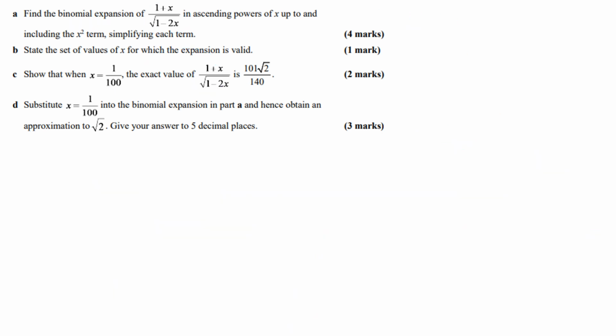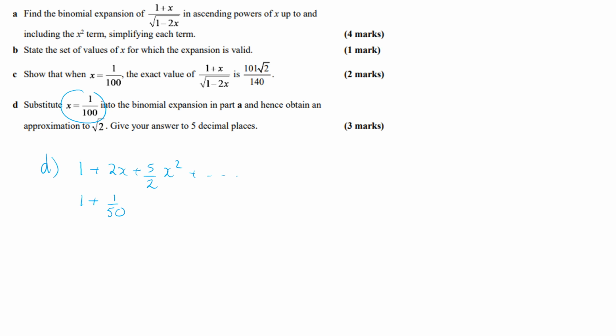Now having a look at part D, and in part D you are asked to substitute 1 over 100 into the expansion this time. So our expansion from part A was 1 plus 2x plus 5 over 2x squared. There would be other terms, but putting x in as 1 over 100 is going to be 1 plus 2 over 100, which is 1 over 50.